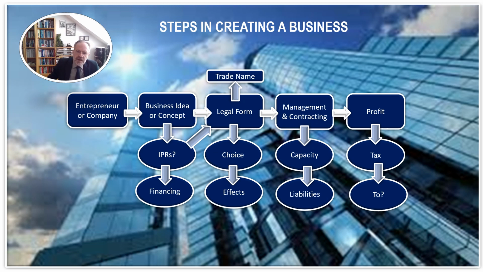Now, if you have a legal person, you have the right of representation, so you have the capacity to bind the legal person. On the other hand, you should also realize that contracting may lead to liabilities for your company, and under rare exceptional circumstances maybe also to personal liability.